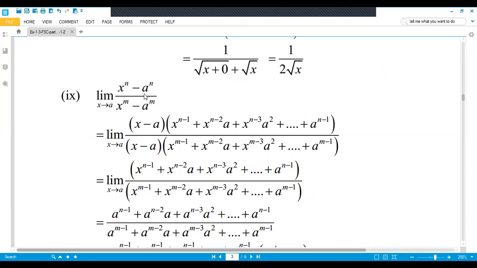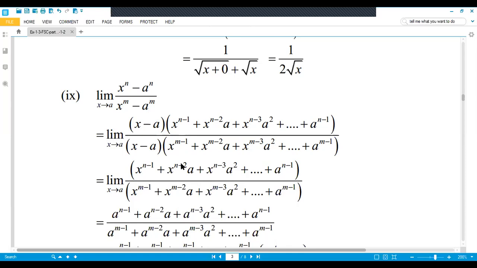From the numerator you apply the formula, and where is that formula? That is given on page number 19. That result which you apply on the numerator, the same thing you apply on the denominator.